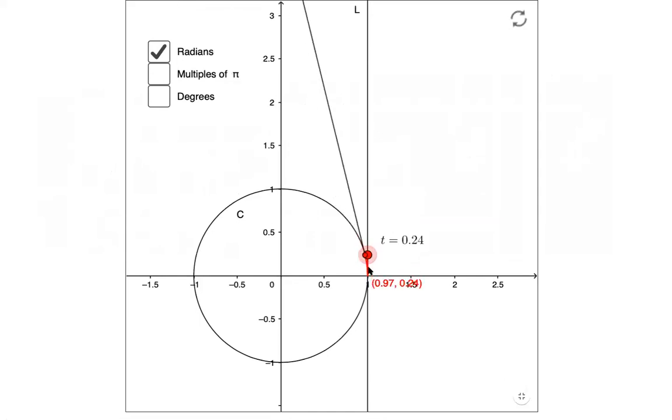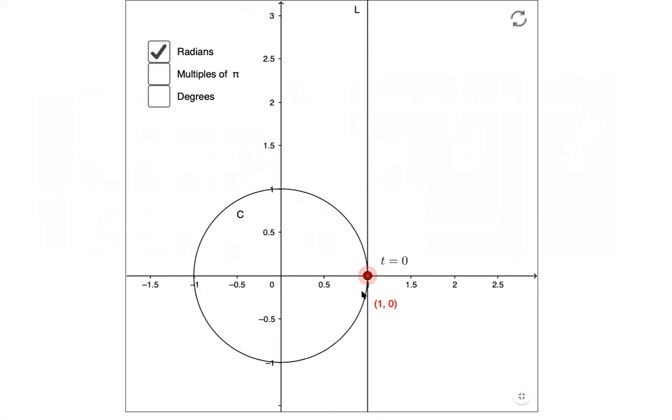If we're going to wrap the circumference of the circle in a counterclockwise direction, we're going to use the positive values.